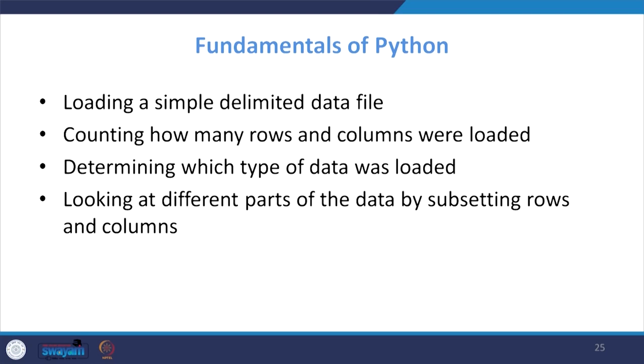You see what we are going to see in the coming slides: loading a simple delimited data file, counting how many rows and columns were loaded, determining which type of data was loaded, and looking at different parts of the data by subsetting rows and columns.